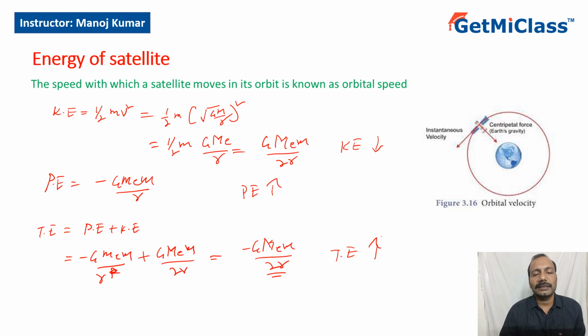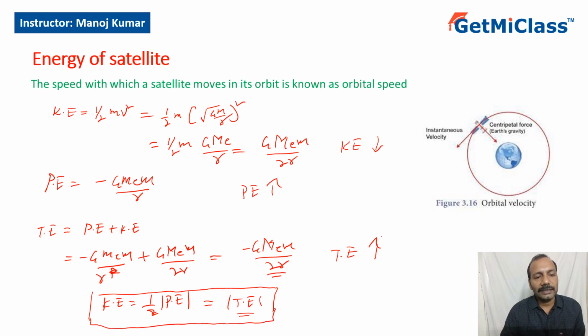and total energy increases. And if you want to find a relation between kinetic energy, potential energy, and total energy, we can see that kinetic energy is equal to half the magnitude of potential energy, and is also equal to the magnitude of total energy. So if you know one value, you can find the other values by using these relations. You don't have to go back to the whole formulae.